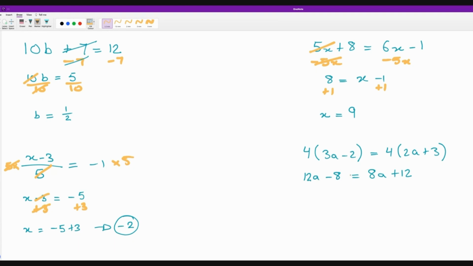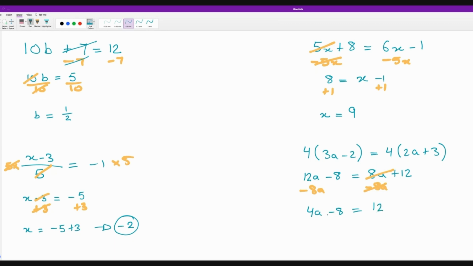So in that case, I'm going to be moving this 8a over to the other side because I will need to minus both sides by 8a, leaving me with a positive pronumeral here on the left-hand side. When I do this, 8a and minus 8a cancel, giving me 12a minus 8a, which is 4a. We have this minus 8 attached over here, and on the other side we have this plus 12 remaining.